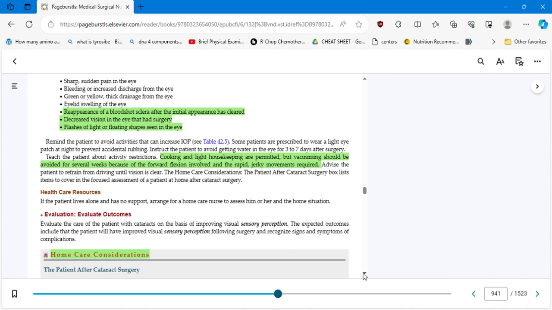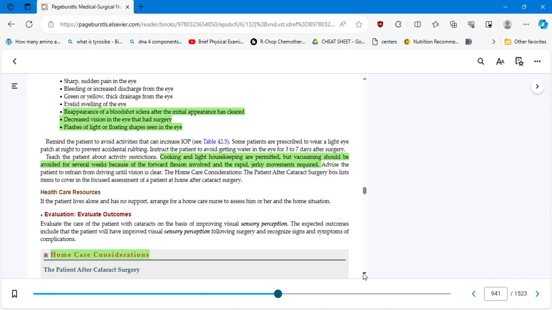Many classmates during my nursing program, and I shared this experience with other people. We were studying so hard that sometimes we started to see flashes of light or floaters, right? So many of us had to go to the doctor to review the condition, okay?